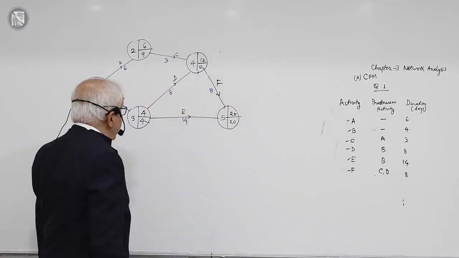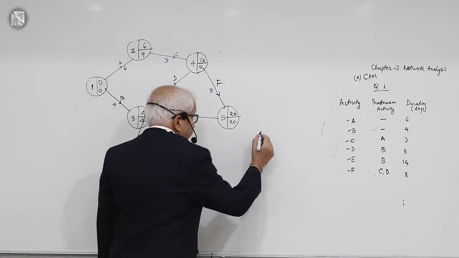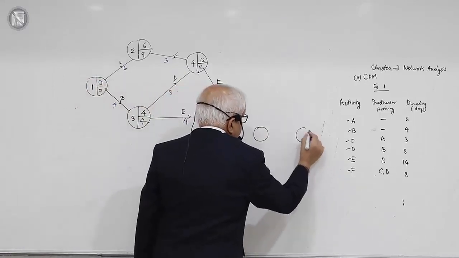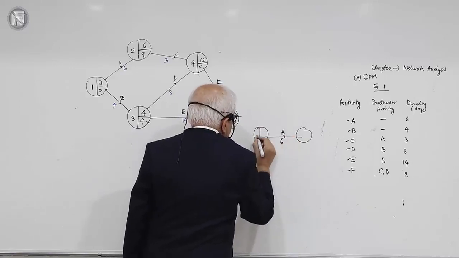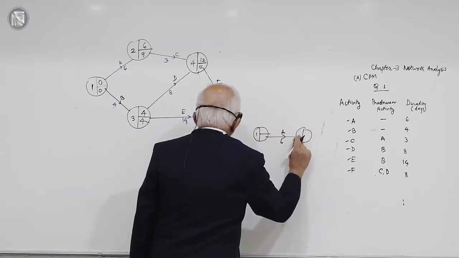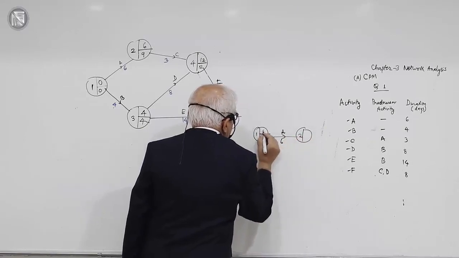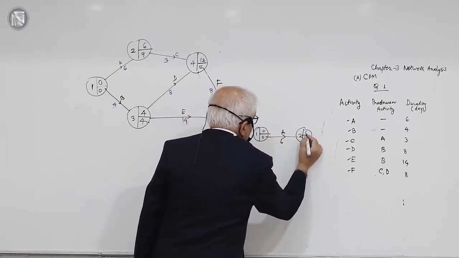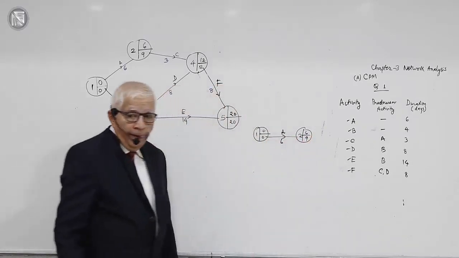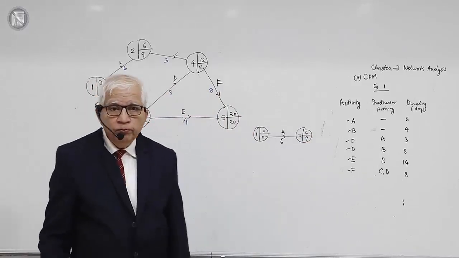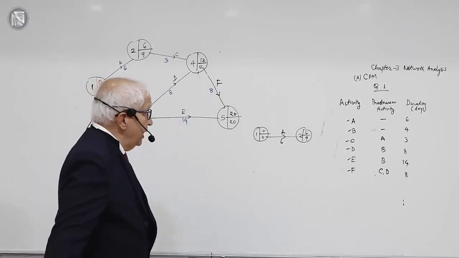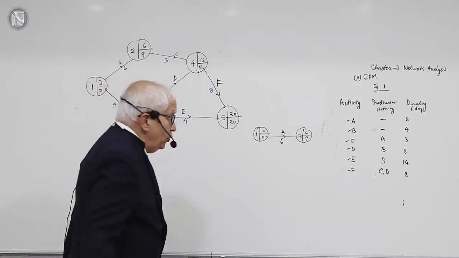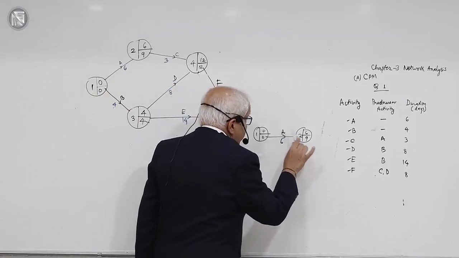Now look at activity A. I'm drawing activity A here. The duration of A is 6 days. This is event number 1, this is event number 2. The times are 0, 0 here and 6, 9 here. I'm trying to find out how much float is available in respect of activity A. When should activity A be completed latest?